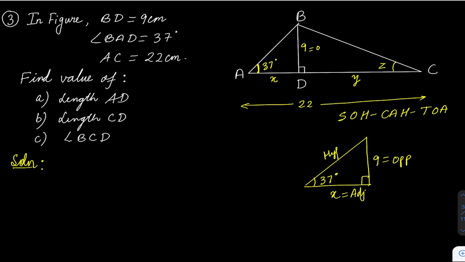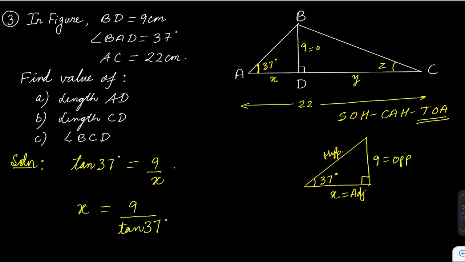This is obviously hypotenuse. So opposite adjacent, tangent theta. So I will write tan of 37 degrees is equal to 9 over x. So similarly, my x value is coming out to be 9 over tan of 37 degrees.